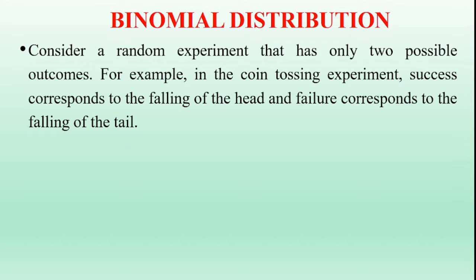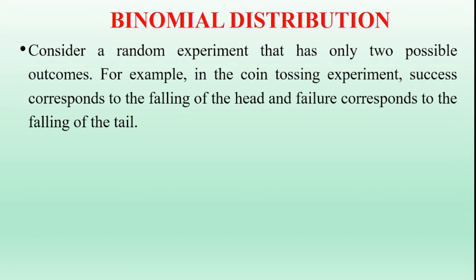In this video, I am going to discuss the binomial distribution concept. Consider a random experiment that has only two possible outcomes. Suppose, for example, in the coin tossing experiment, success corresponds to the falling of the head and failure corresponds to the falling of the tail.